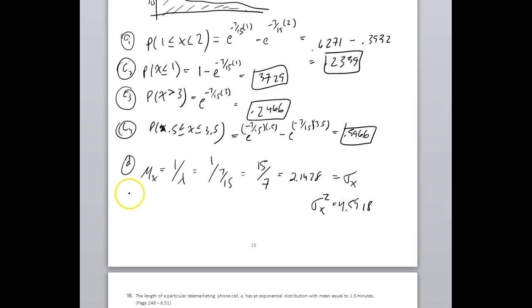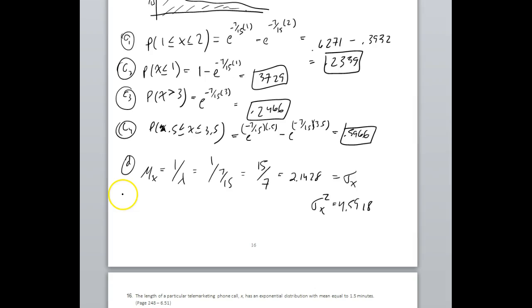In E, find the probability that the time between arrivals is within 1 standard deviation of the mean, within 2 standard deviations of the mean. Okay, so if I have room, I'll do both, but let's just do the first one, because I don't think I'm going to have room.